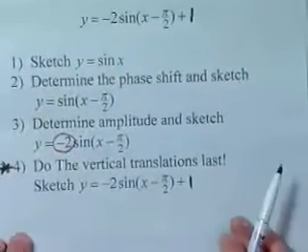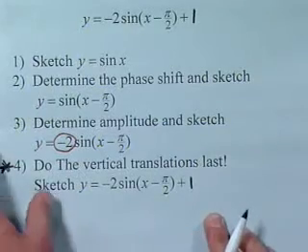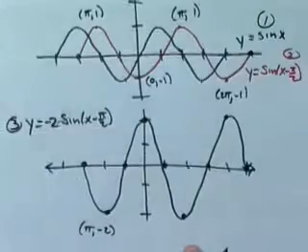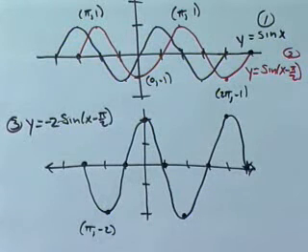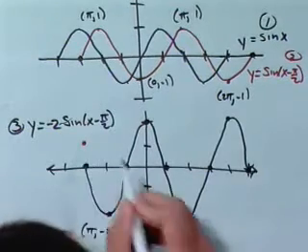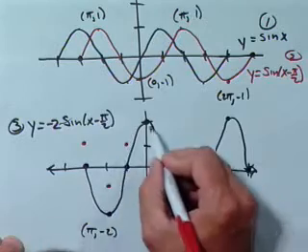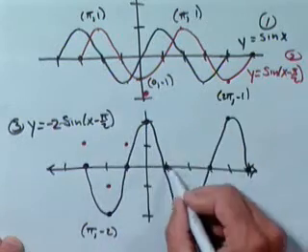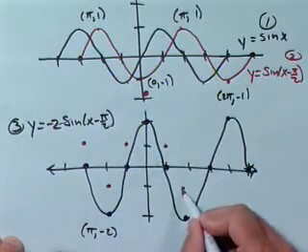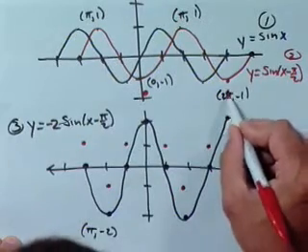So now the last thing we have to do is simply shift it up 1 unit, and we're done. Everywhere I see a dot, I'm going to just shift that dot up 1 unit. So this point will go here, this point will go here, etc. I'm just taking my y values and shifting them up 1.